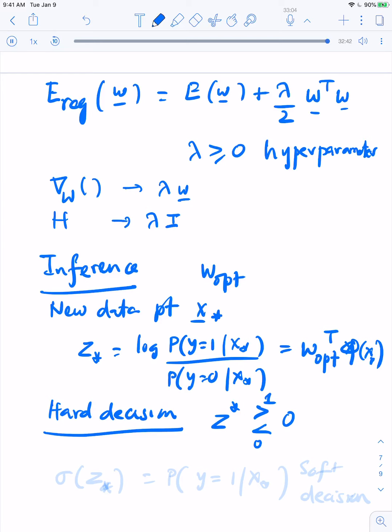Soft decision is just very simple. The logistic function sigma of z star is the probability that Y equals 1 given X star. This is my soft decision. So that's the inference stage, right? Based on your model, you can make that inference. How good it is, of course, depends on how good the model is. That's it.